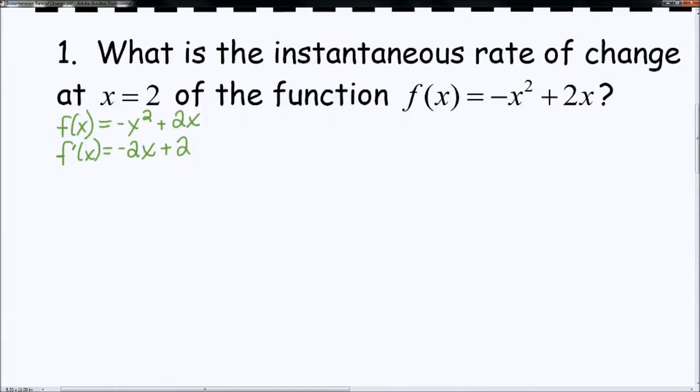Now that I have my derivative formula, I can plug in f prime of 2. I get negative 2 times 2 plus 2, which gives me negative 4 plus 2, which is equal to negative 2.